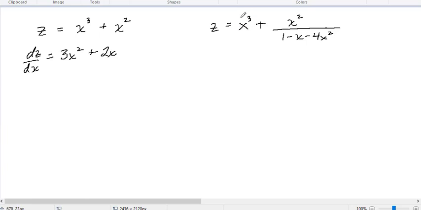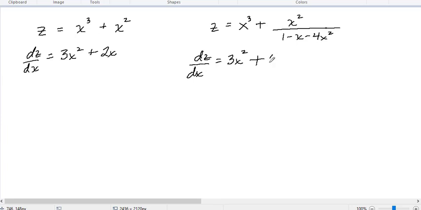So the first term I take its derivative, 3x squared, like usual. Second term, I have to do the entire quotient rule just on that. So here my derivative would be my first term, derivative, 3x squared, plus, for my second term, I need a quotient rule.